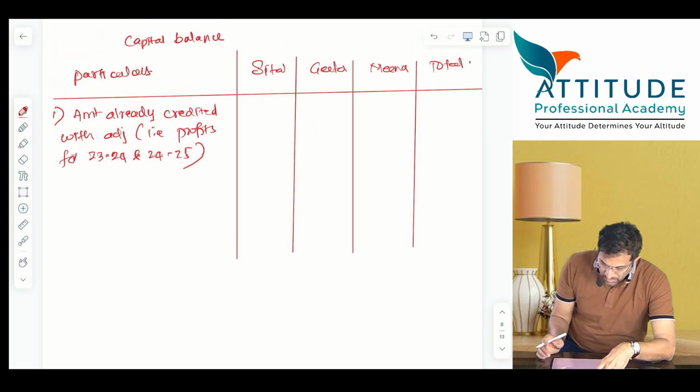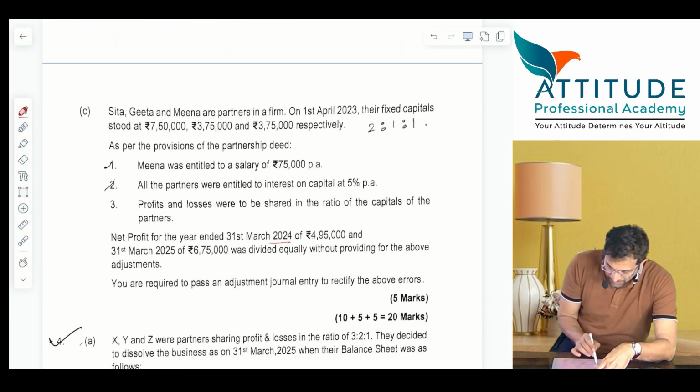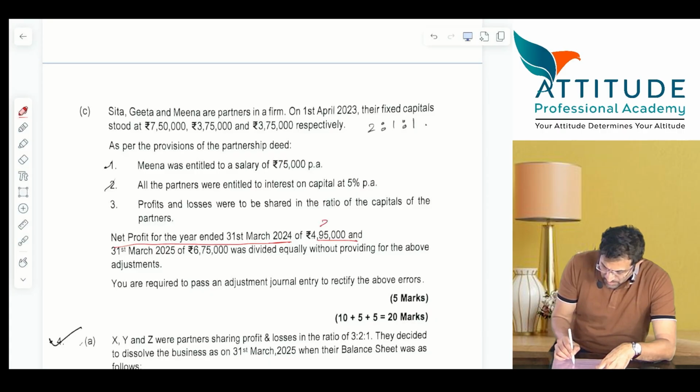Now you tell me, what is the total profits? 23-24 is this, and this is 24-25.